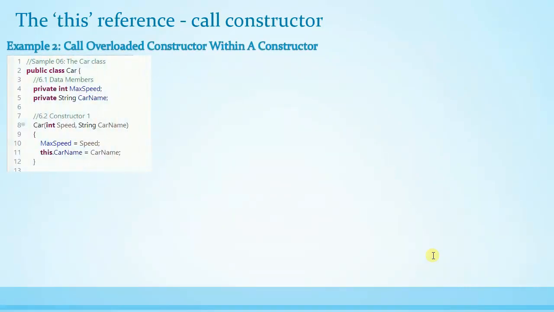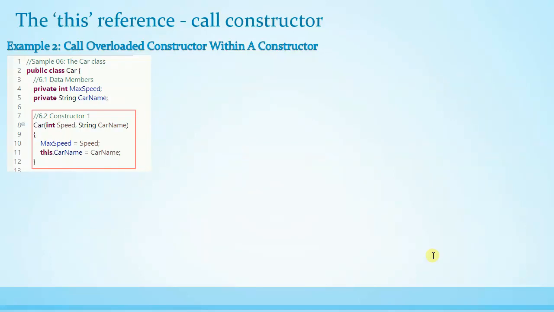Let's see an example. Here there is a class called car. It has two members, max speed and car name. In the constructor, we have two parameters, one is speed and another one is car name. Through those parameters, we are initializing the internal members.